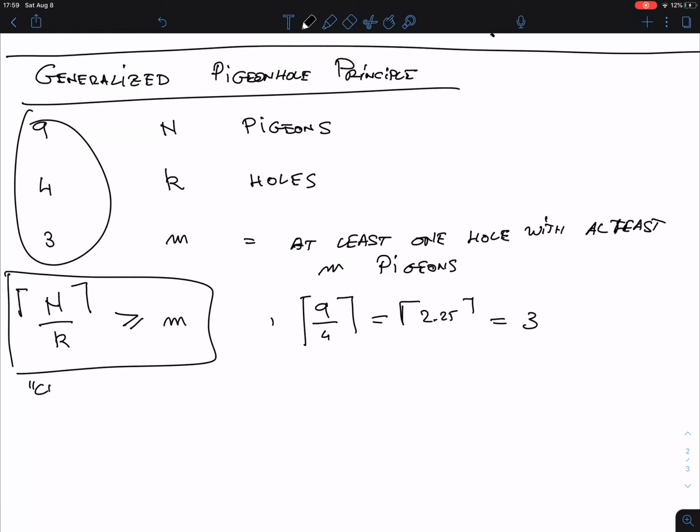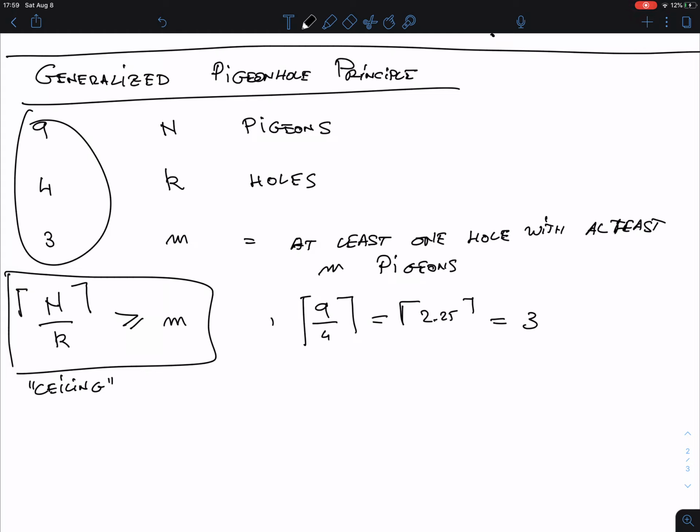I was standing on my head when I was saying this, that's why I got confused. So the ceiling of 2.25 will be the next integer, that's 3 here, and that's why we have at least 3 pigeons in one of the holes. Okay, so that's how this works.